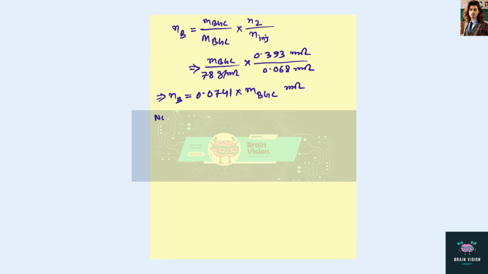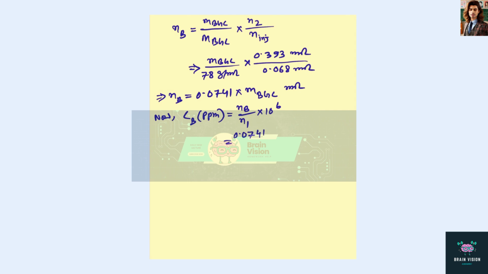Now, the concentration of benzene is the number of moles of benzene divided by the number of moles during condition 1, when the sample is collected, multiplied by 10 to the power 6.